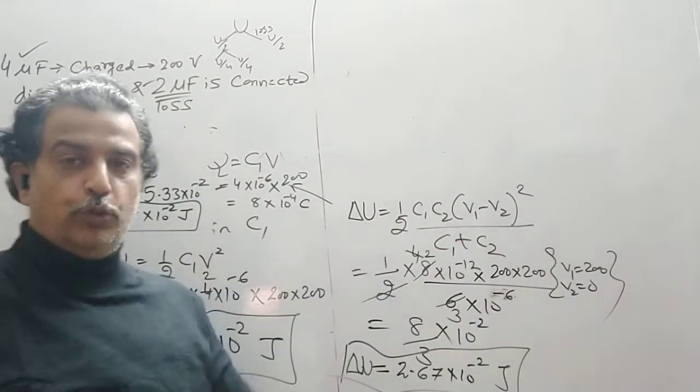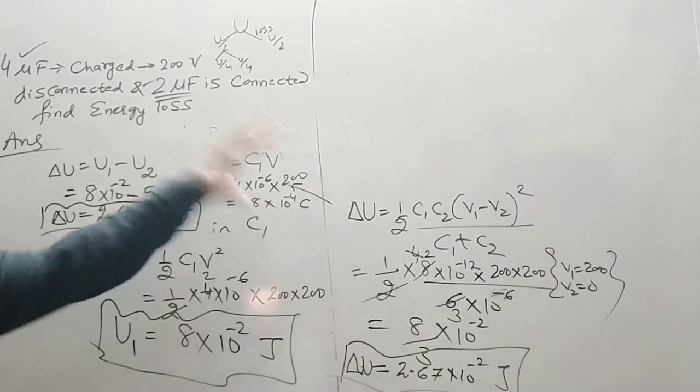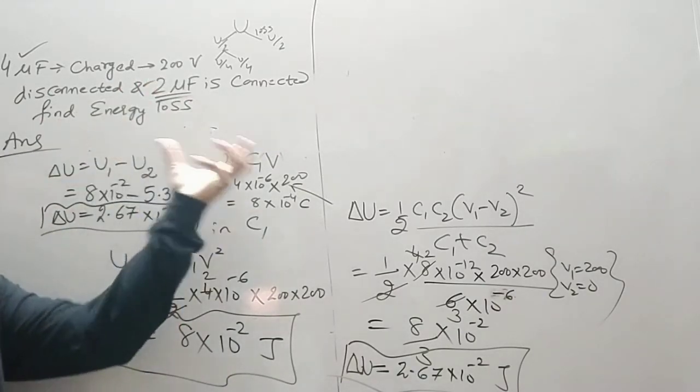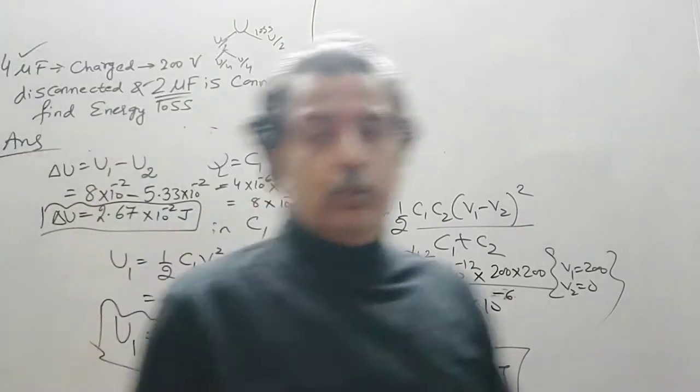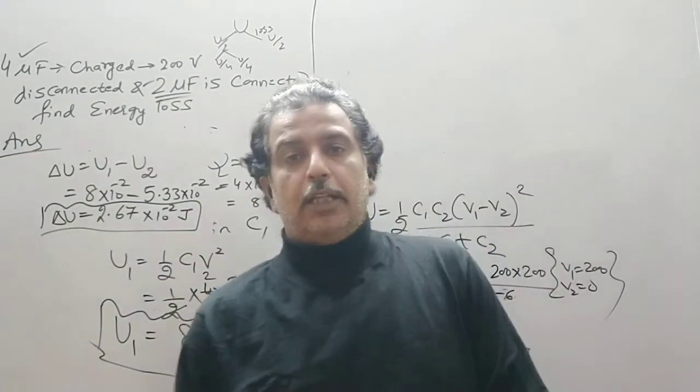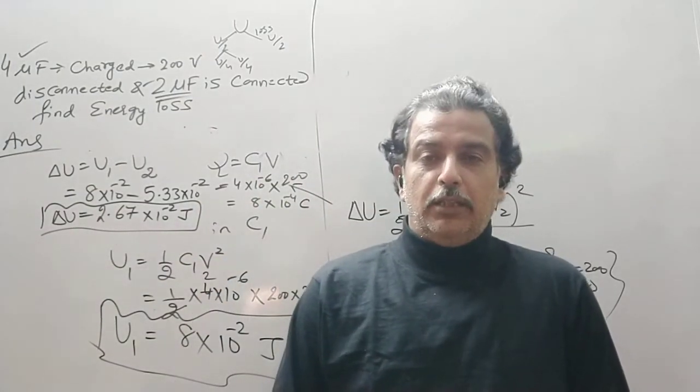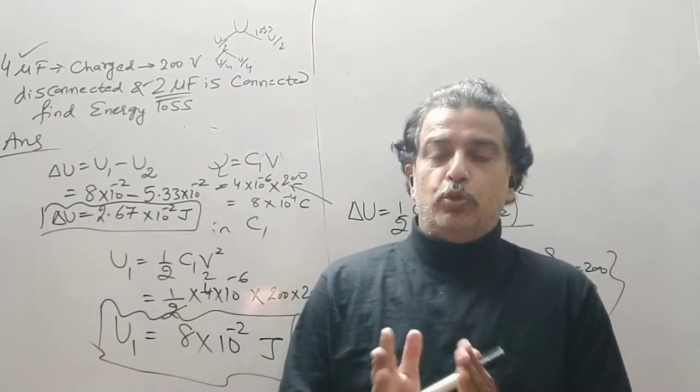So if it is an MCQ, you can directly apply this. And if it is not an MCQ and the capacitors are not identical, then we do it by the concept of the common potential. So you see the difference between the two sums.